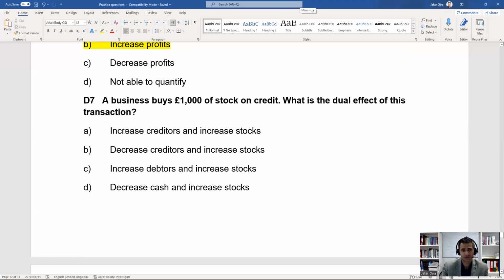The creditors will go up and the stock will go up. When I say stock goes up, means purchases. And the creditors will go up on the credit side. So the debit will be purchases, and the credit would be what? Trade payable or creditor. Creditors is the same, trade payables or creditors.